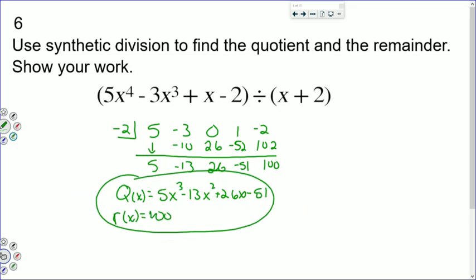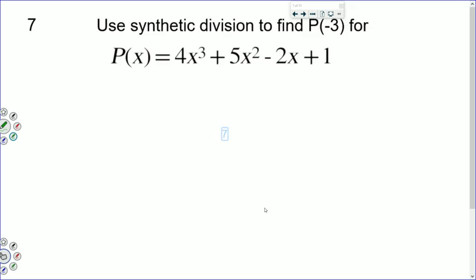So we want to use synthetic division to find p of negative 3 for this function, p of x. So synthetic division, if we're finding a value, this is an actual x value. That guy right there is an actual x value. It's not a factor. So that goes straight into our box, negative 3, and then we list all of our coefficients, again, including any placeholders as necessary. In this case, they are not, however, necessary. So 4, bring that down.